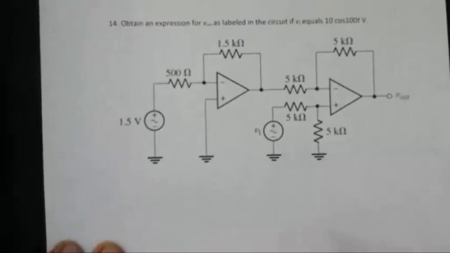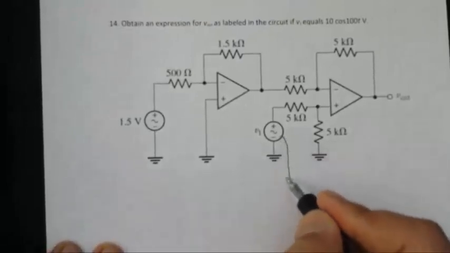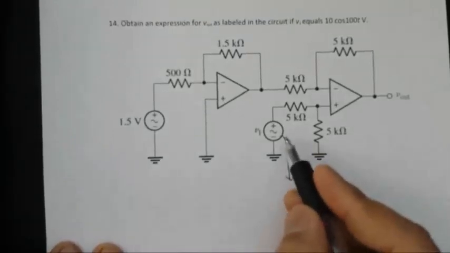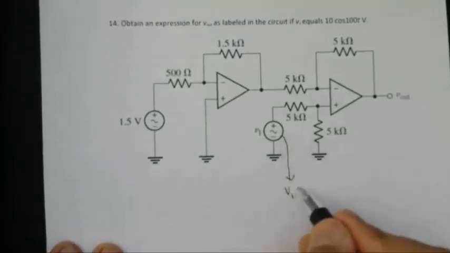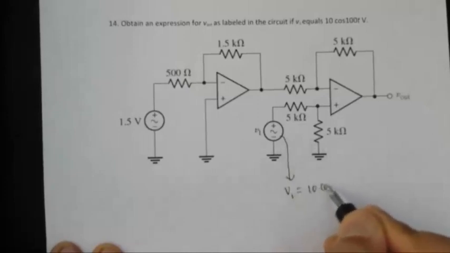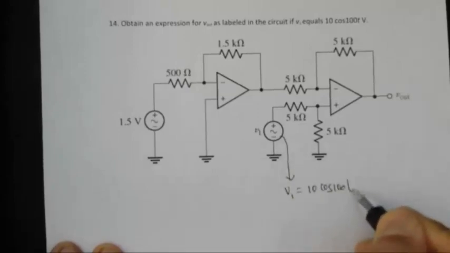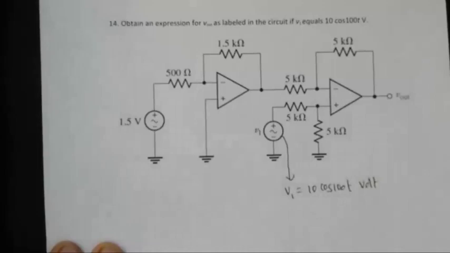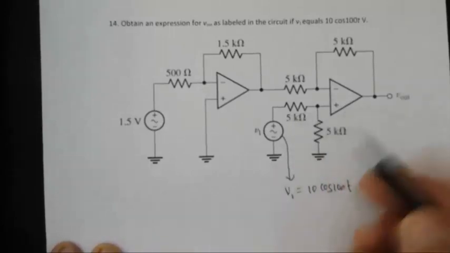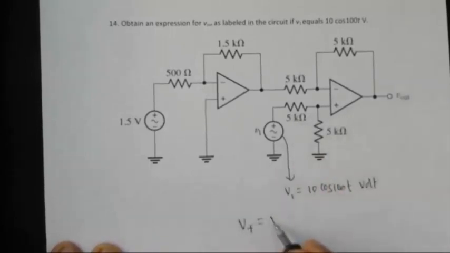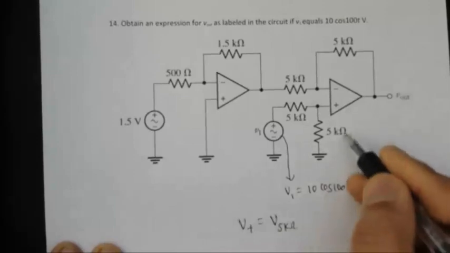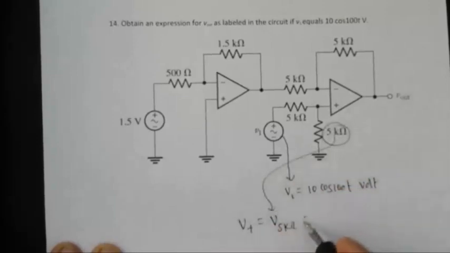Okay, so I'm going to solve the last problem, and all these problems are similar. So again, now instead of just DC volts, you're applying AC volts. V1 here is 10 cos 100t volt, in time dependent form. So V plus is just the voltage across the 5 kilo ohm, from the voltage division, 5 kilo ohm divided by 5 plus 5 times V1.